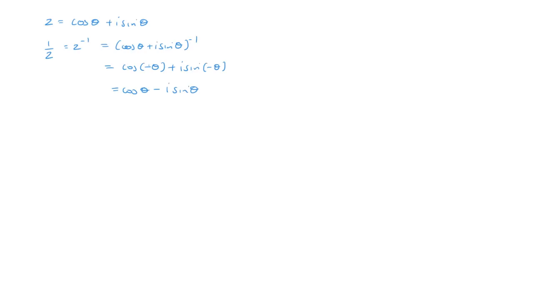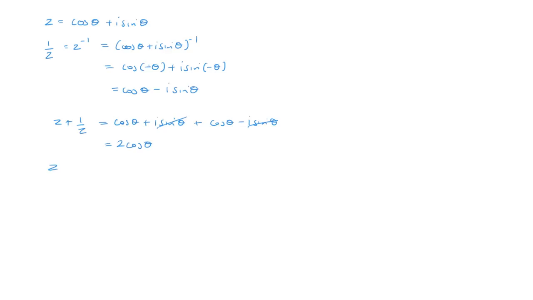So what does that mean? Well, that means that if I do z plus 1 over z, I get cos theta plus I sine theta plus cos theta minus I sine theta for adding this and this. This means that both the I sine thetas will cancel, leaving me with 2 cos theta.